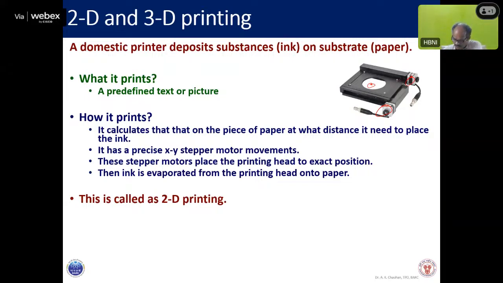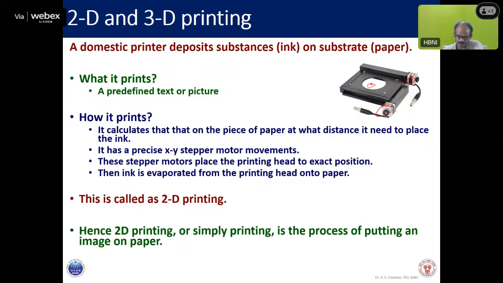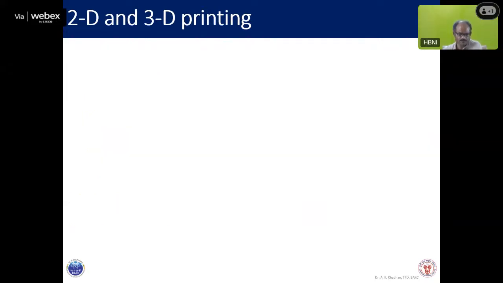This is called 2D printing, or simply printing, the process of putting an image on the paper, because it can go anywhere on the paper using this XY control, and at that point deposit the ink.